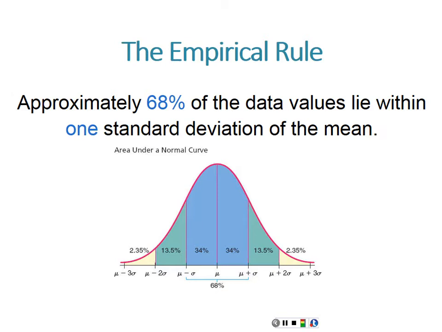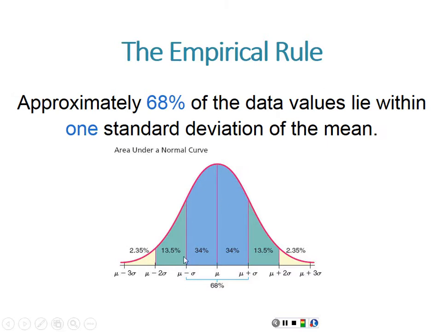So at this point, I skipped over something, and I'm going to come back to it. At this point, we're going to talk about the empirical rule. The empirical rule says that approximately 68% of the data values lie within 1 standard deviation of the mean.